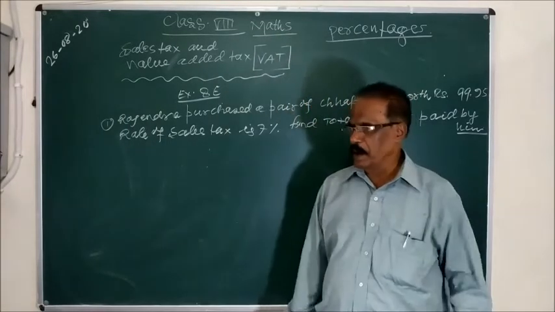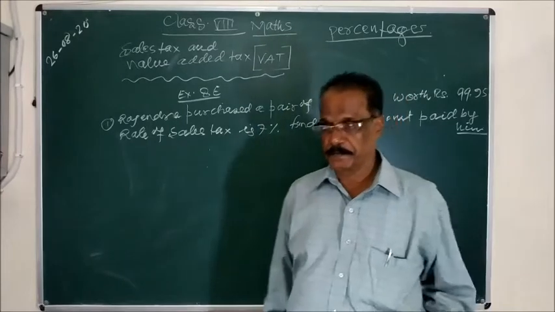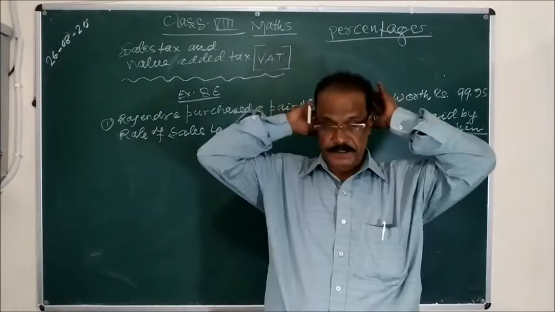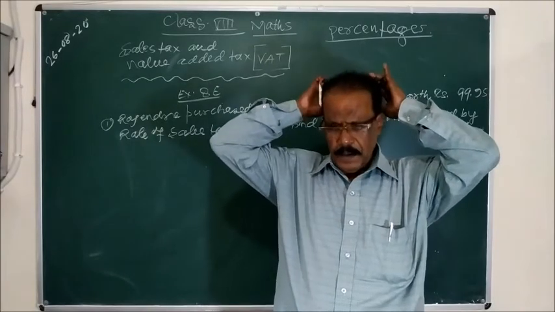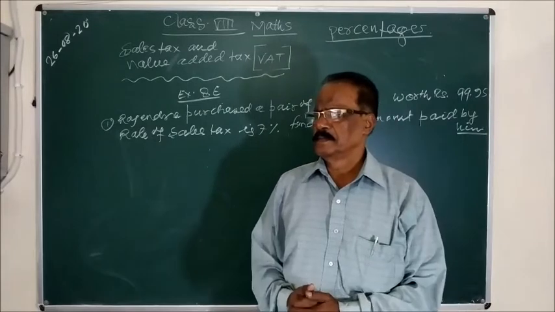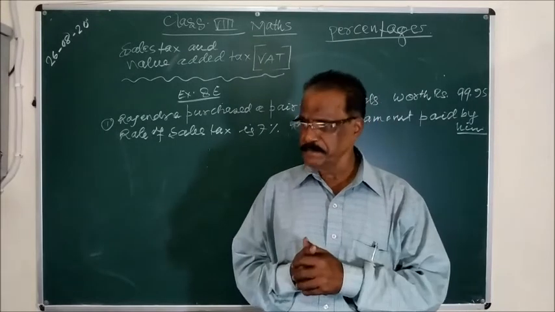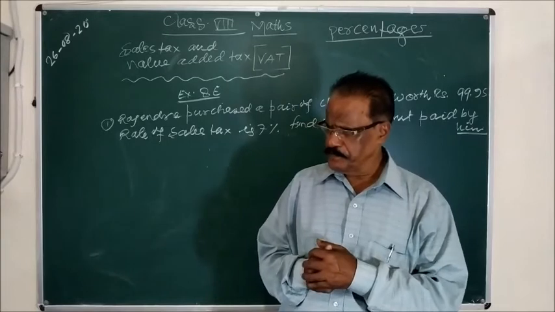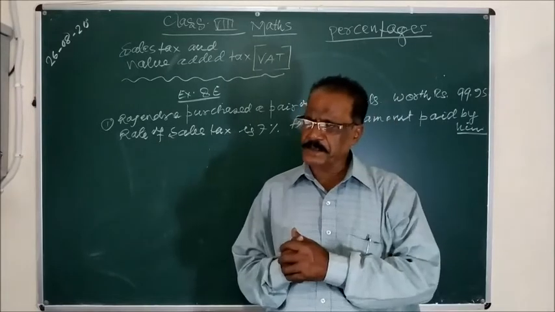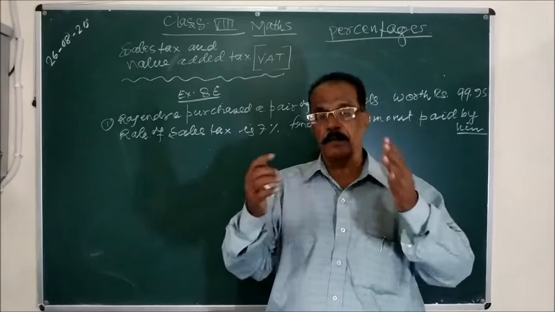So the rate of sales tax is different for different states, and this tax is imposed on the selling of items. The rate of taxes is different for different commodities.